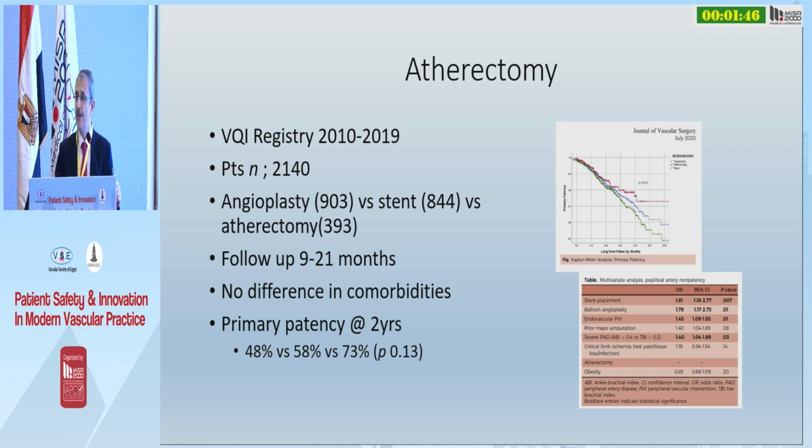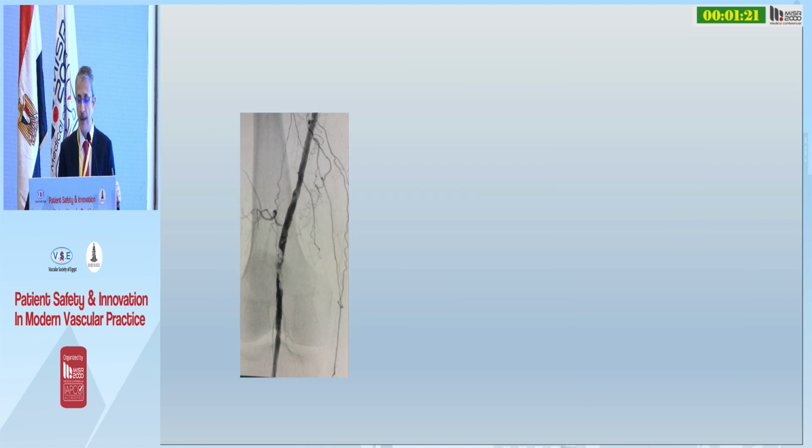These data are from the Vascular Quality Initiative, the American registry, of 2040 patients comparing stents, angioplasty, and atherectomy, and it showed that the primary patency is in favor of atherectomy, but there is no difference in comorbidities. Atherectomy is a good device, but it has potential for distal embolization, and it's not good for very long lesions.